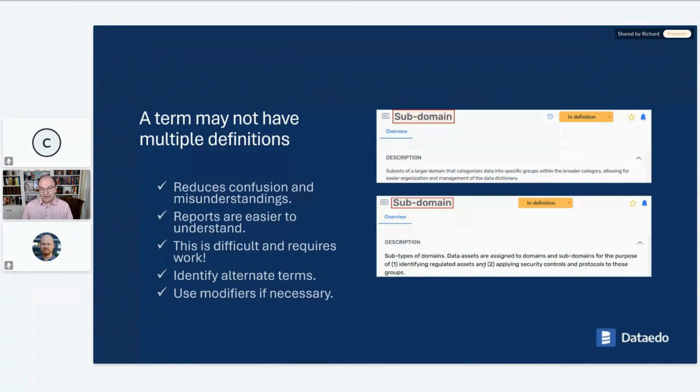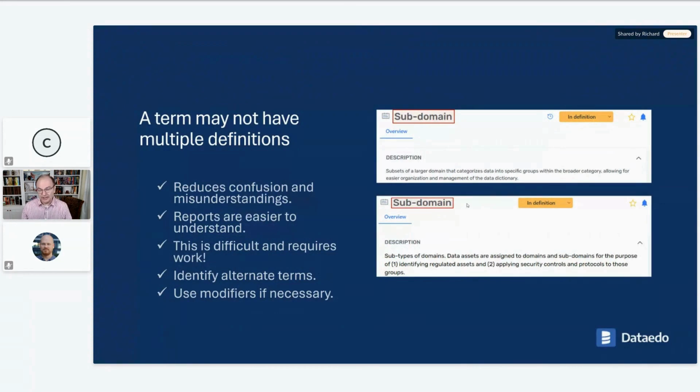If they are very different like this, maybe the solution is to come up with a different term for one of them or both of them, so that you have that uniqueness. That's the ideal situation, is a unique term and its unique definition.